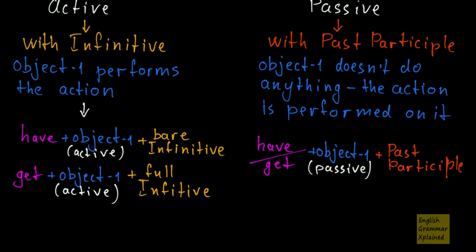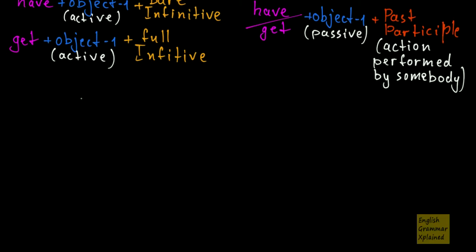And this shows us that our action is performed by somebody. We use causative form to talk about the actions which we don't do ourselves. Somebody does it for us. That's very important to remember.